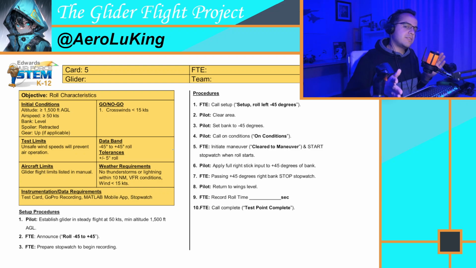So what better way than to practice trying to read it, moving around, having someone move you around to understand how you're going to read the card, and more importantly, how you communicate to the pilot behind you.